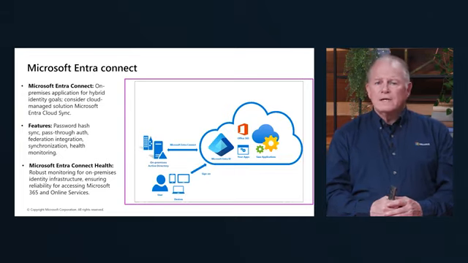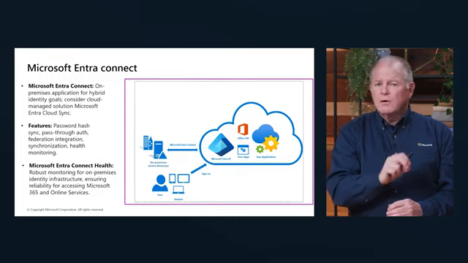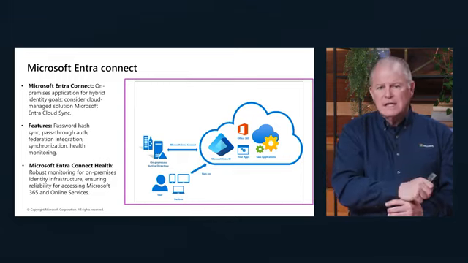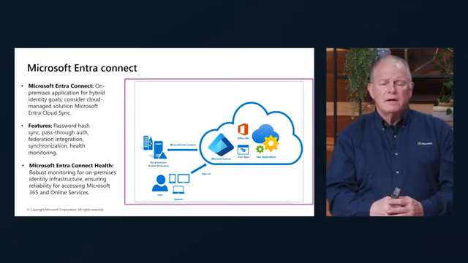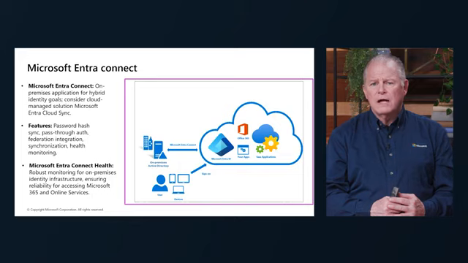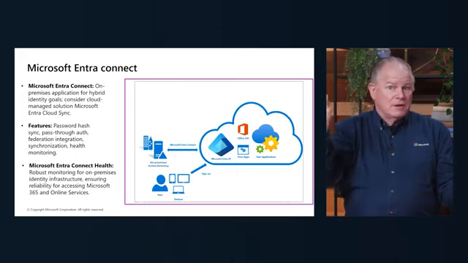Using a feature called Entra Connect is a way to synchronize accounts between your on-premises world, that legacy identity provider, and this new modern identity provider inside of Azure using Entra ID. I don't want to have to create two Bob accounts in both places, and then have two different passwords. Now, they could be the same password, but they're two different passwords.